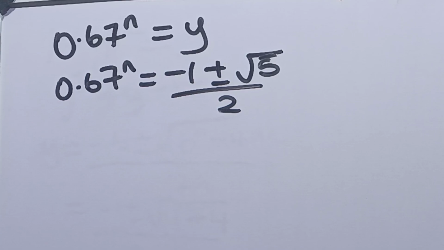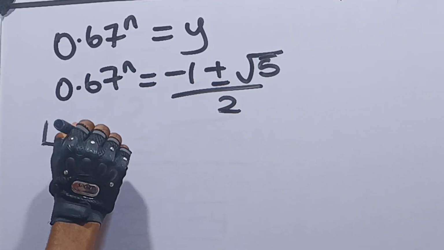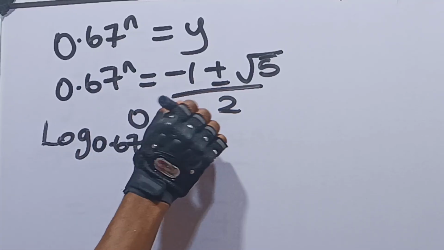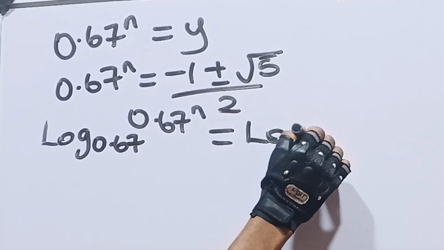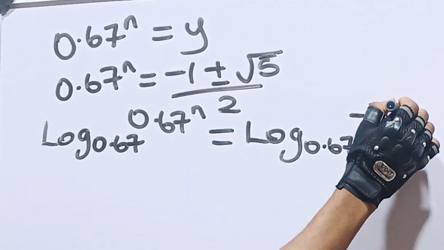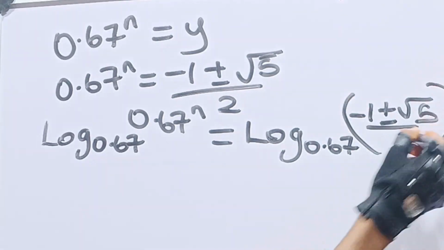Now, from here let's take the logarithm of both sides in the base of 0.67. So we have logarithm in base 0.67 of 0.67 raised to the power of n is equal to the logarithm in base 0.67 of minus 1 plus or minus root of 5 all over 2, of everything here.